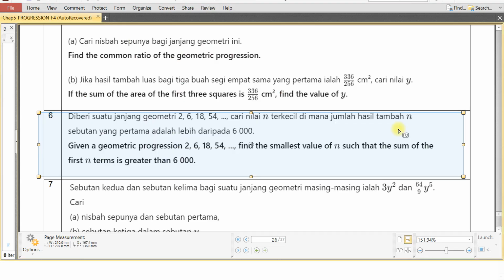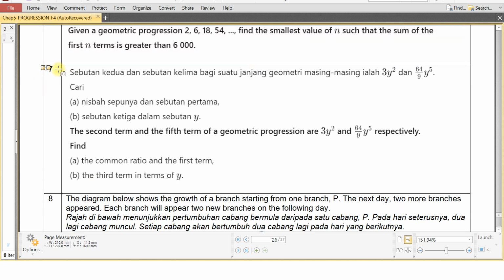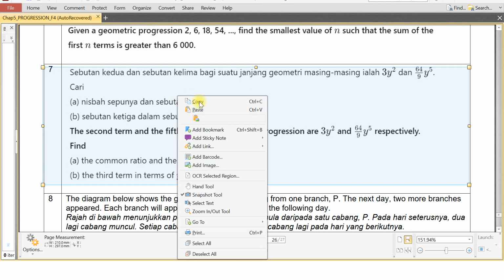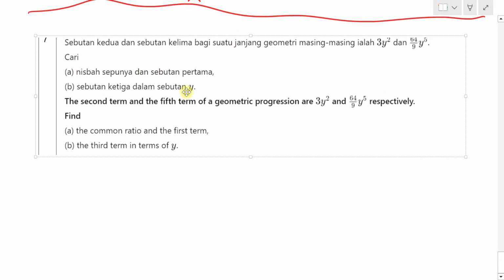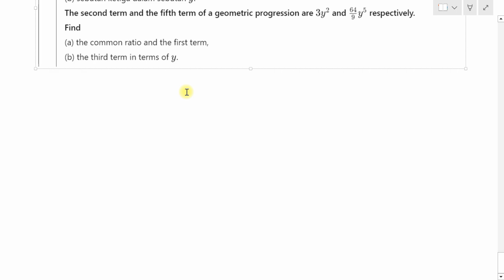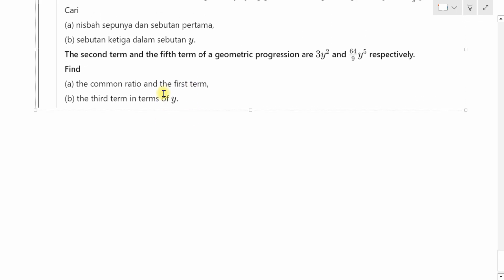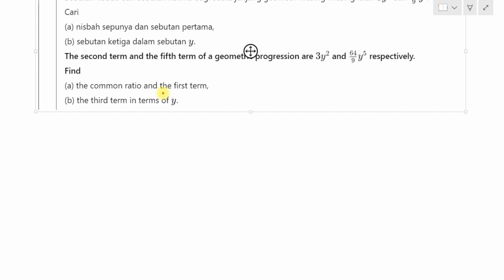We move on to the next question. Question 7. Let's see. The second term and the fifth term of a GP are given again. Find the common ratio and the first term.